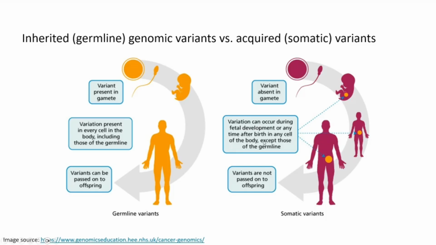So normally they will not be passed to the next generation because they are only present in part of our tissue. Unless the somatic variants happen in the germ cells, normally they will just stay with the individual, and will not be shared to other individuals through the germ cells.